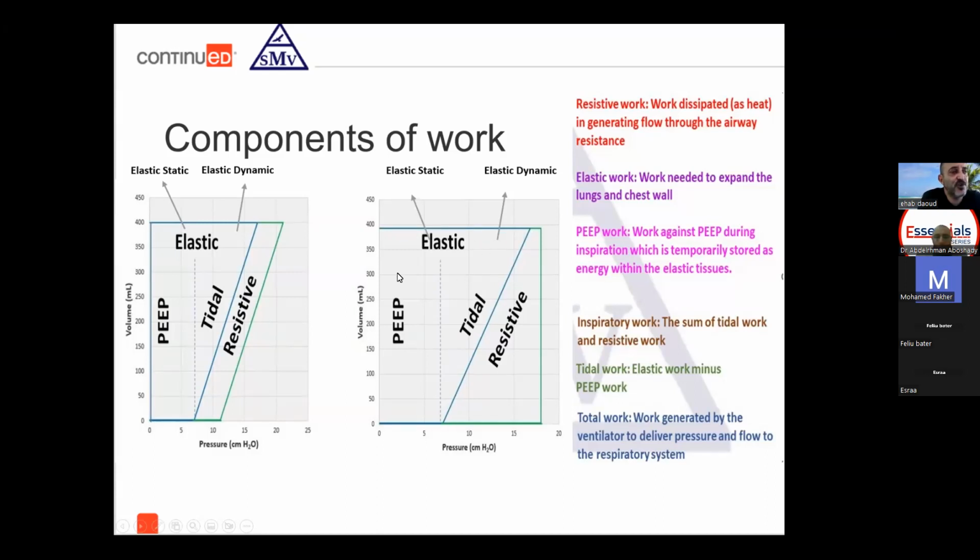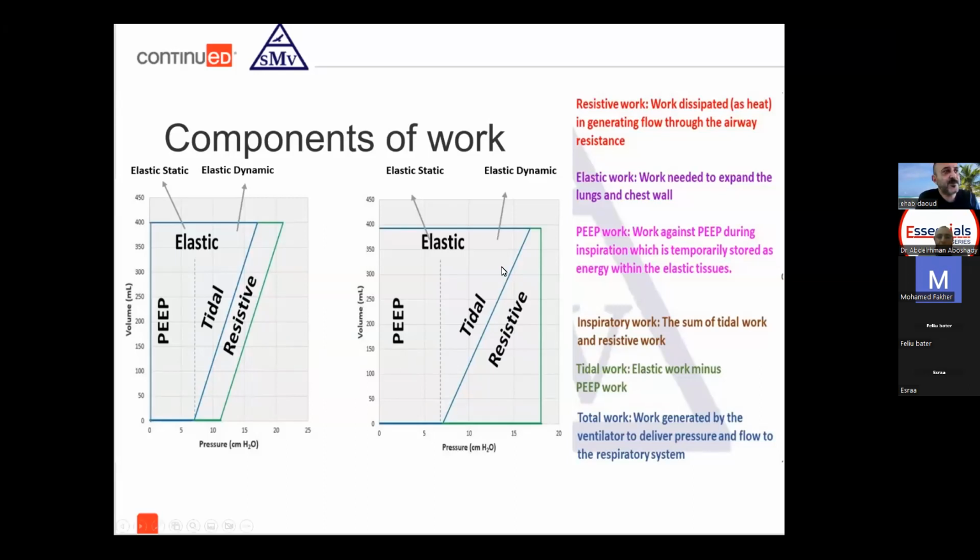Now the elastic work, to make things more complicated, you can divide it into PEEP work and tidal work. And PEEP, we call it static elastance because it does not change from breath to breath. So PEEP work is the work against PEEP during inspiration, which is temporarily stored as energy in the elastic tissue. Because again, the PEEP is there during inspiration and the airway pressure is above it. And during exhalation, the PEEP is still sitting there.